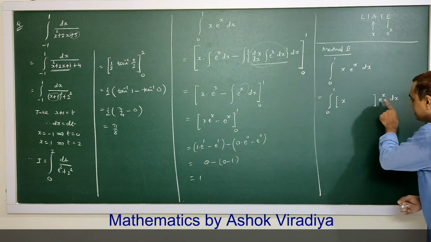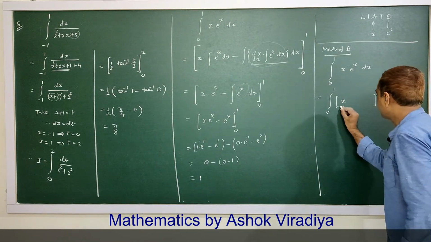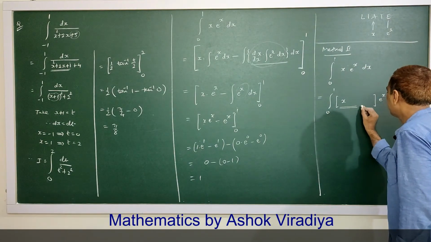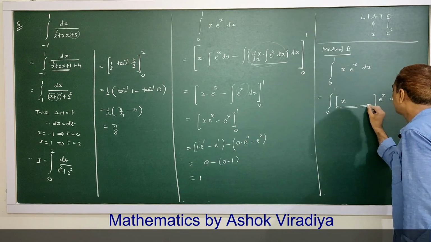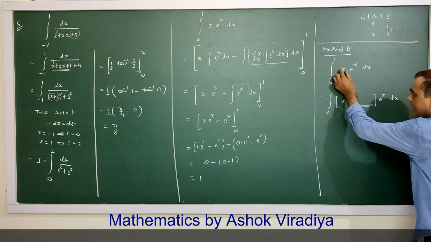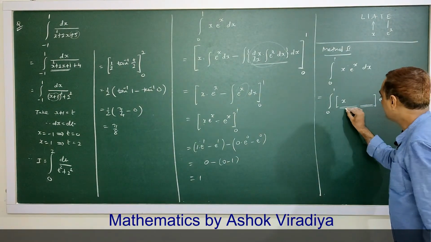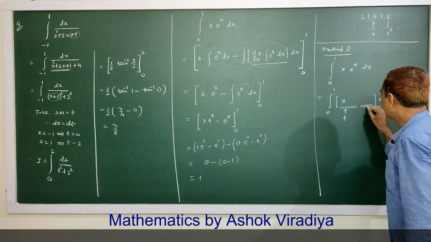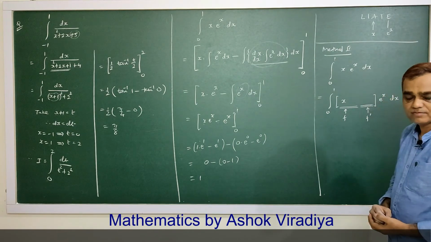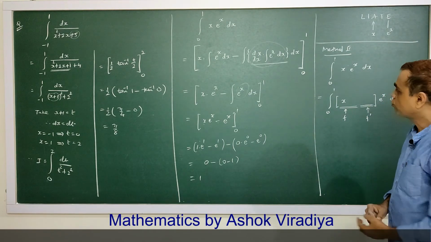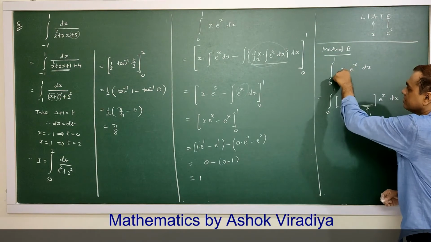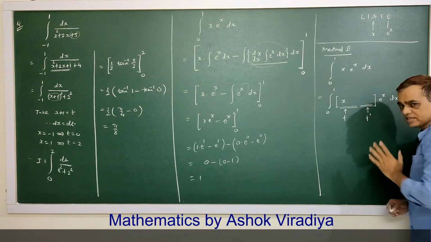Now because e raised to x is given, inside here we can split up this x in two parts such that one part is f, the other part is f dash. Now whatever is given, this x keep in the first part.